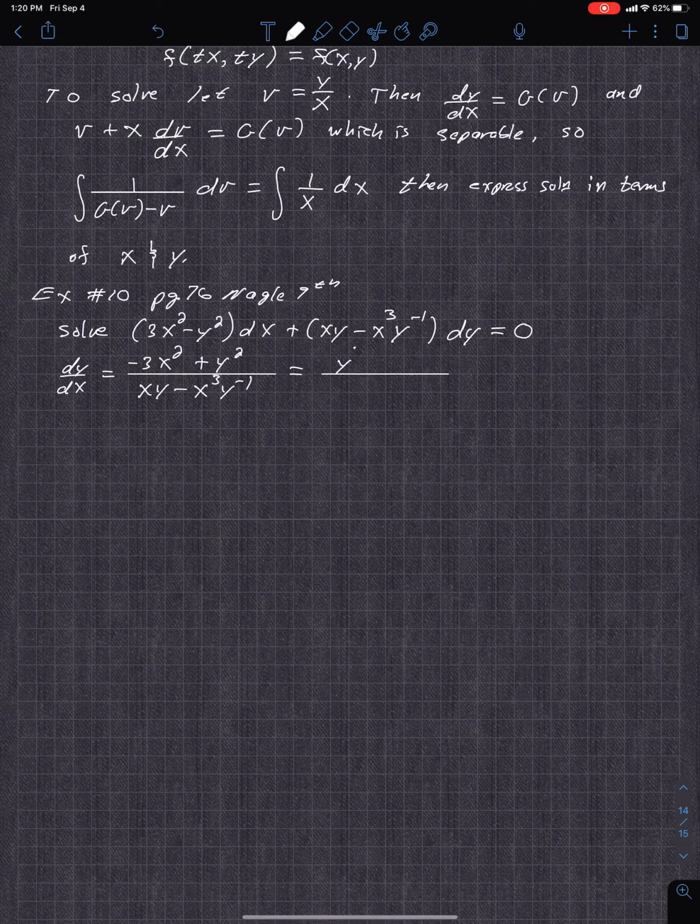You get y cubed minus 3x squared y over xy squared minus x cubed. Then you make your substitution and simplify. So you get y over x cubed minus 3 times y over x, over y over x squared minus 1.